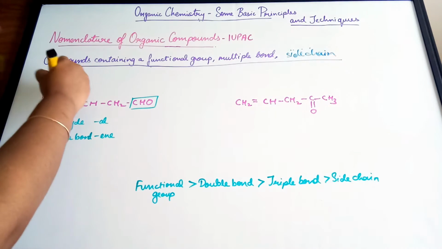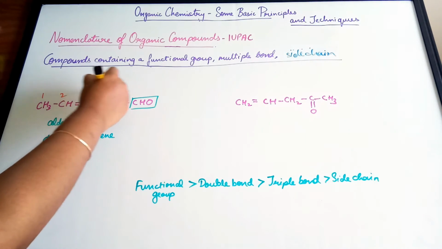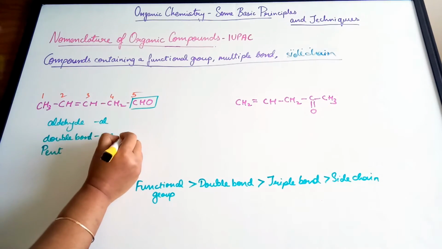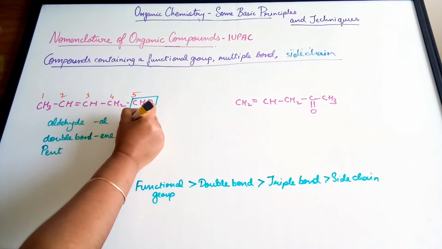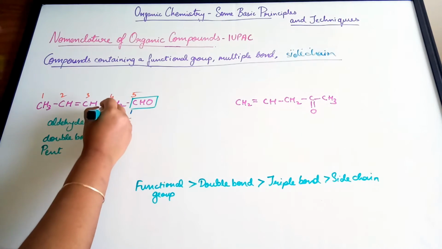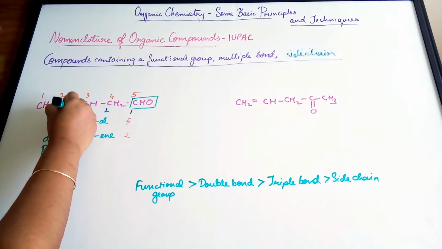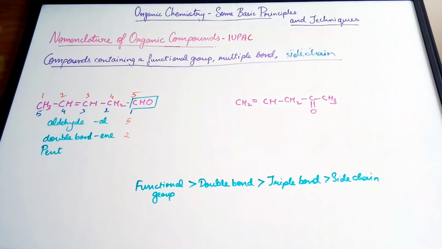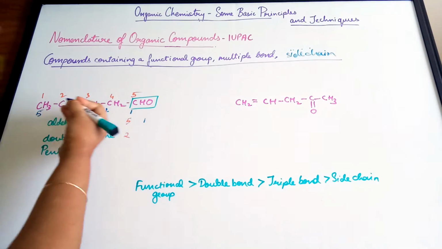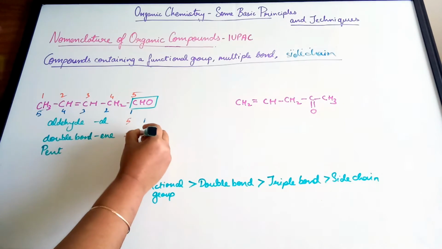From left to right, the double bond's position is at the second position and the functional group is at the 5th position. Next, when we go from right to left, it's 1, 2, 3, 4 and 5. So our functional group is in the first position and the double bond is at the third position.